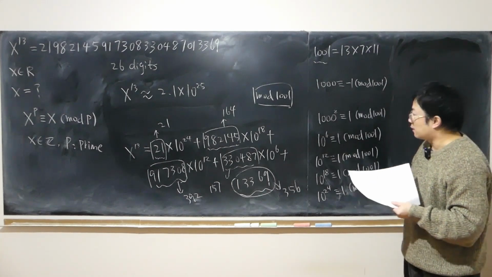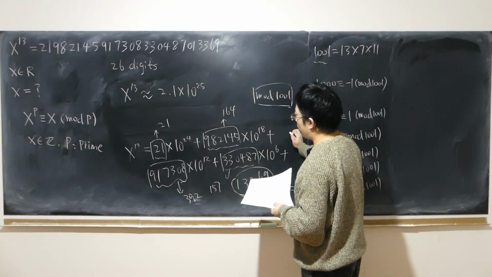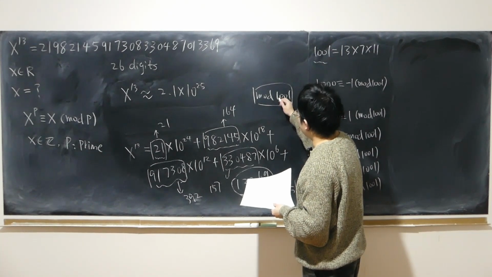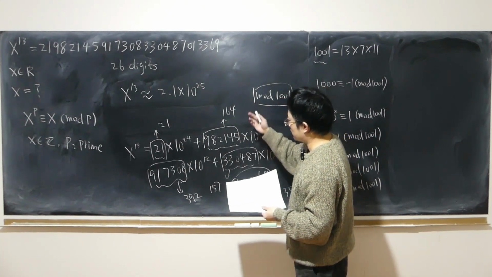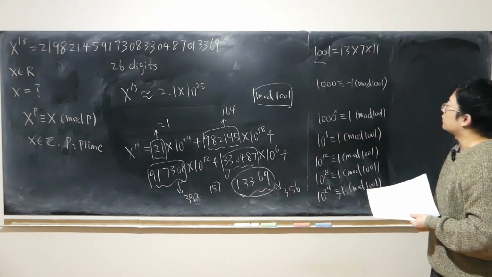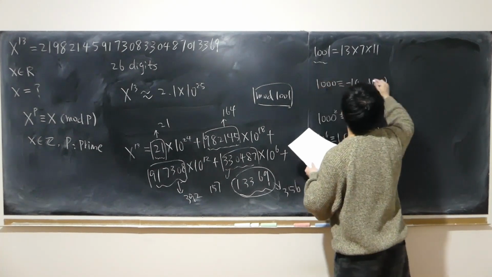Of course, like I said, if divided by this, the remainder, for example, of this is that. Right? Then, of course, I can obviously use divisor of mod 13.